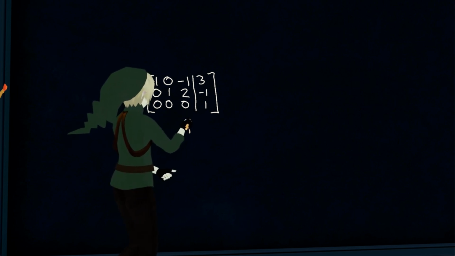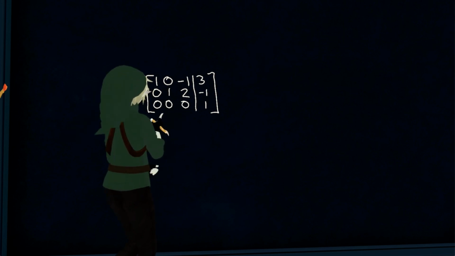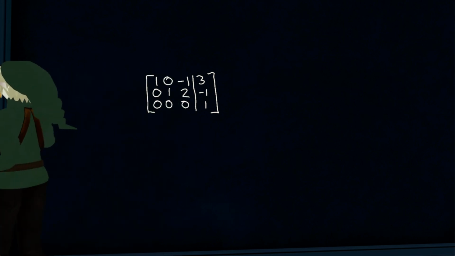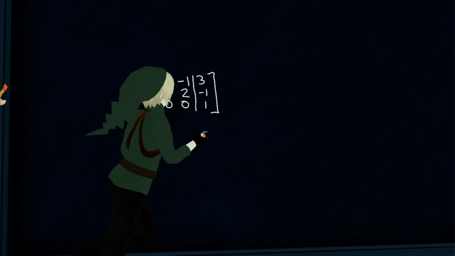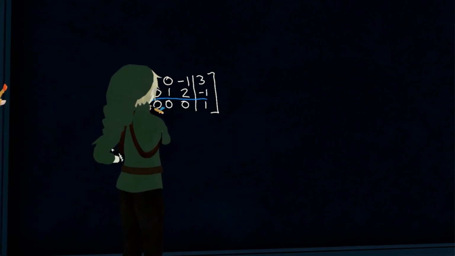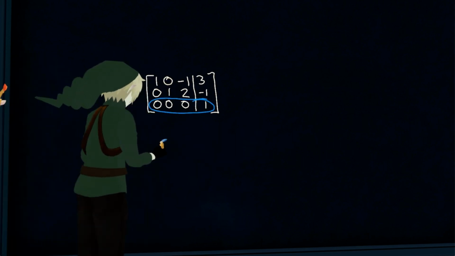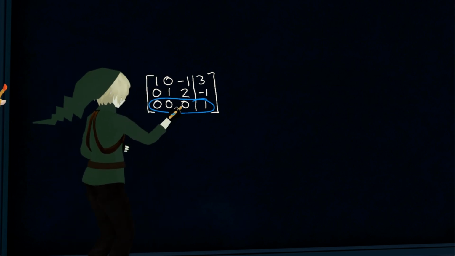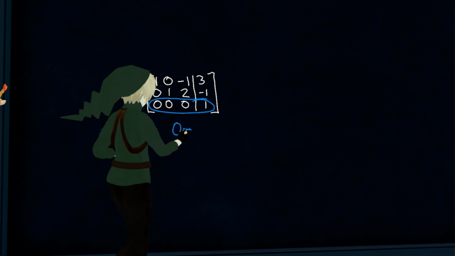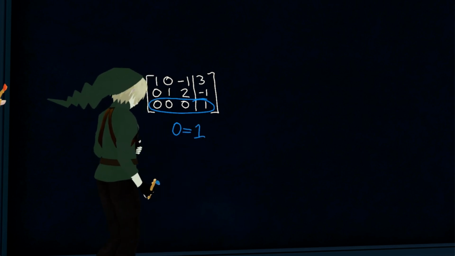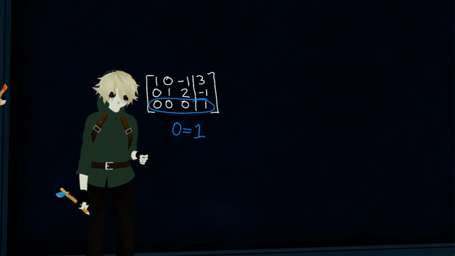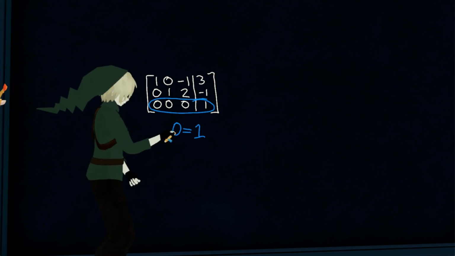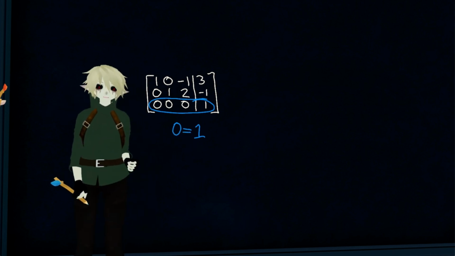This portion here, let me actually use a different color, just to help visualize, right? So this here that you see, this means 0 equals 1, right? Is that true? Obviously not, right? This is completely false.